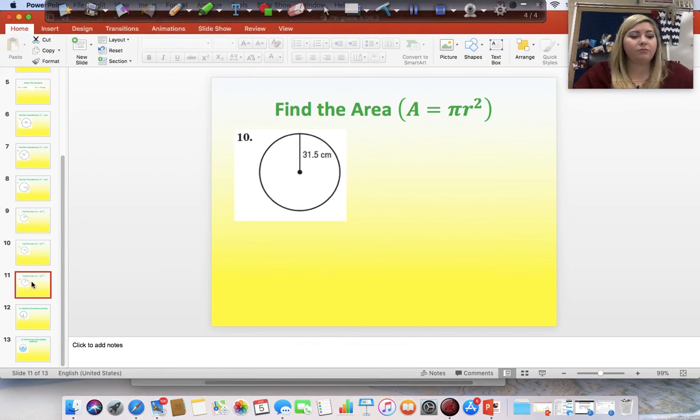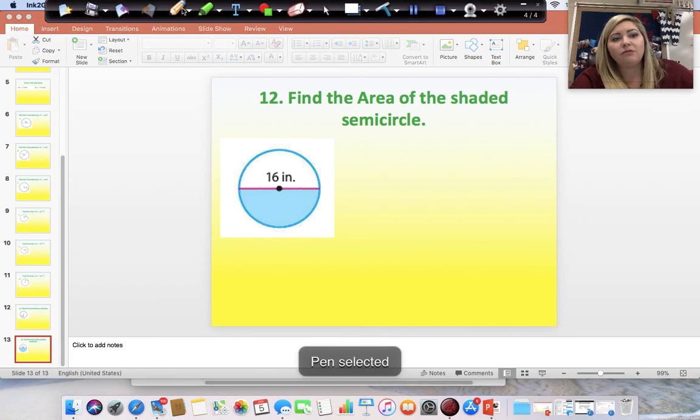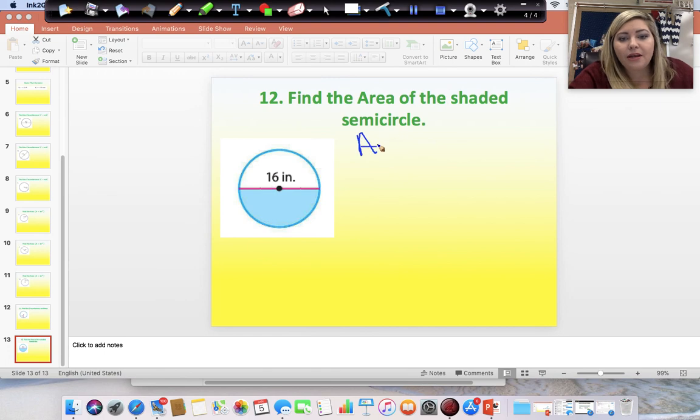Okay, so actually, let's do this one. All right, so it says to find the area of the shaded semicircle, okay? So to do that, area is equal to pi times the radius squared. So first we need the radius. The diameter is 16 inches, so that means the radius will be 8. It's half of 16.